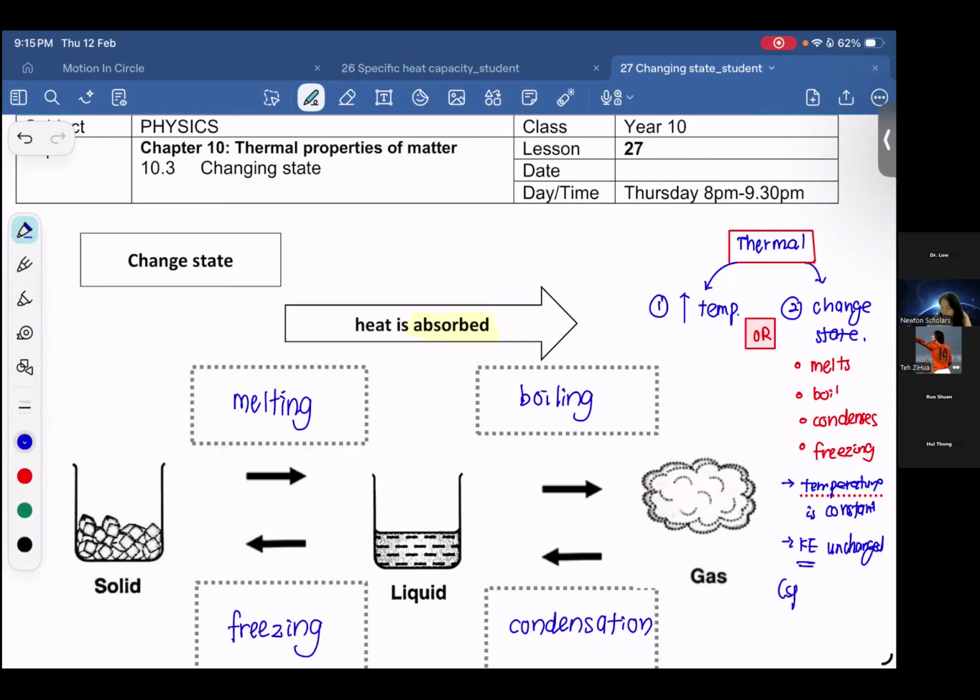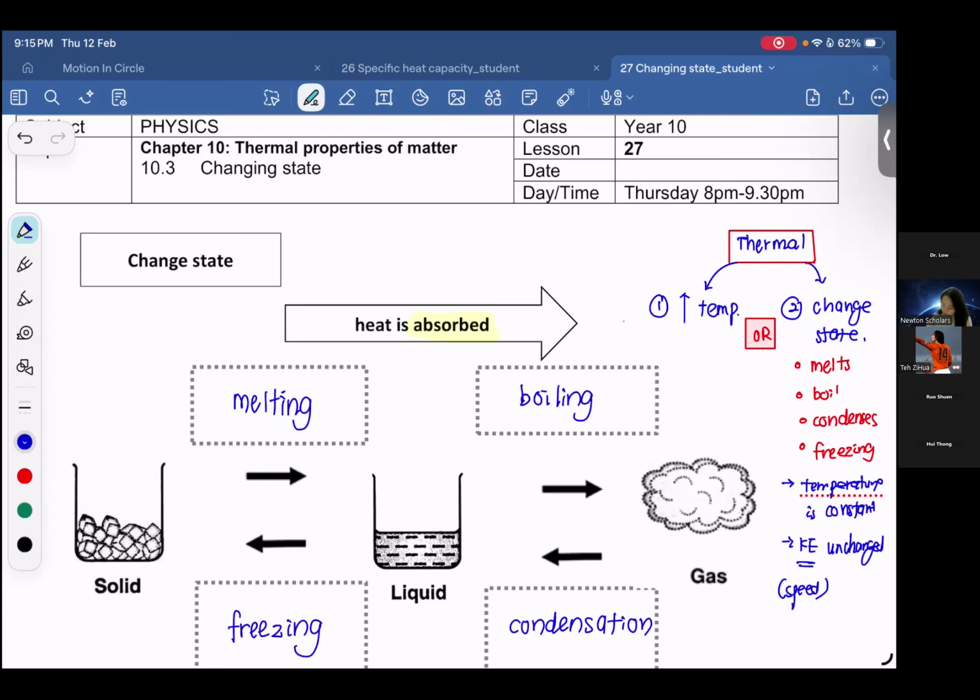If you have a higher temperature, the particles have a higher kinetic energy. But here, because temperature is constant, the kinetic energy of the particles doesn't change, and the particles don't speed up. Until here, is that clear?